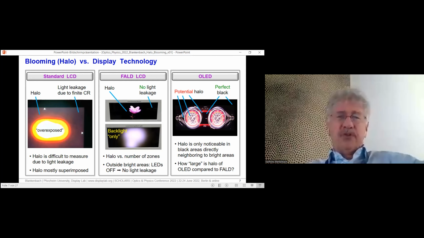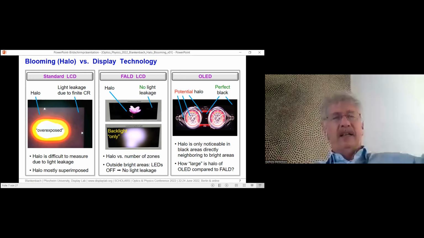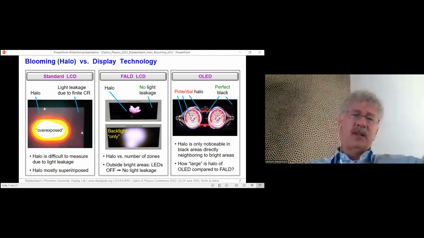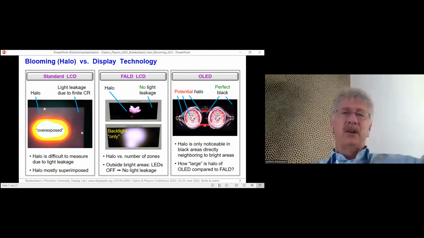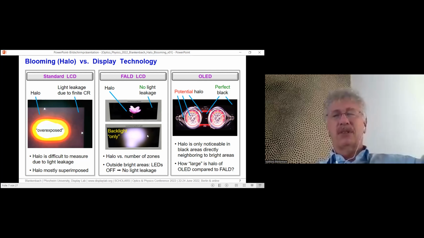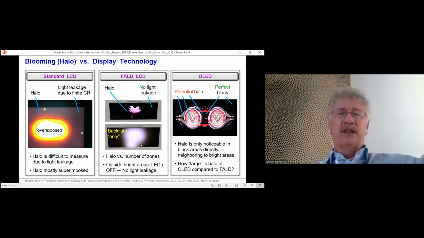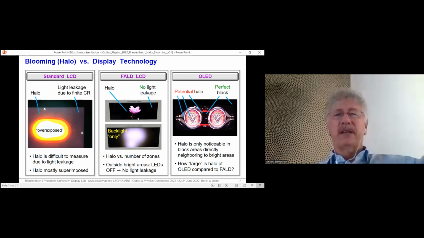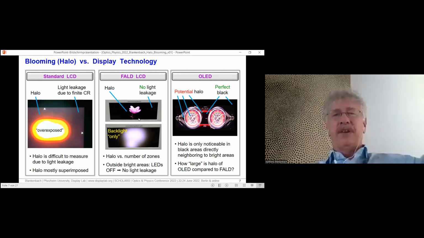So an improvement to avoid this light leakage is a so-called local dimming or full array local dimming backlight. You have a high resolution LCD in front, and the backlight is formed by hundreds to thousands of LEDs, and they form a blurred image. You have a diffuser on top, so only areas where the image is bright are lit by the backlight.